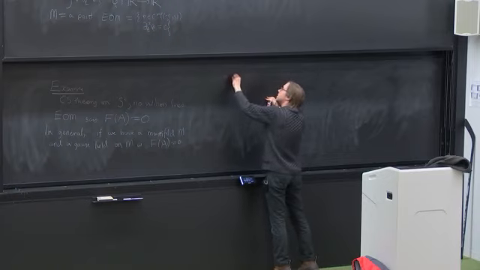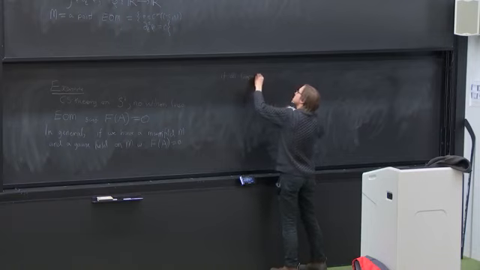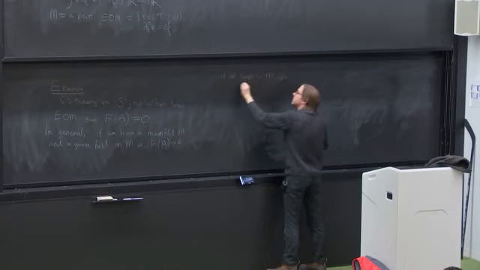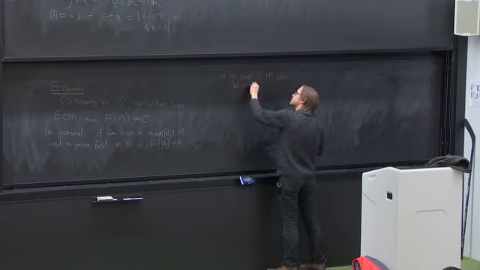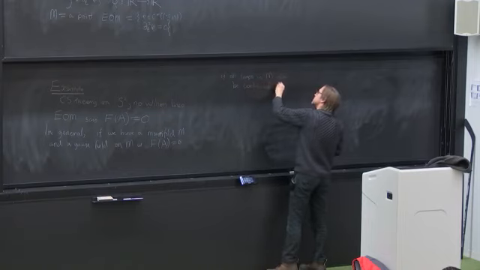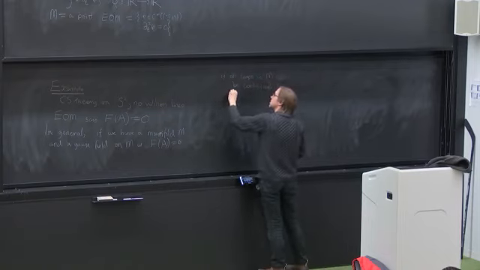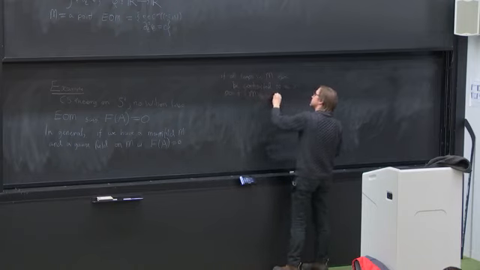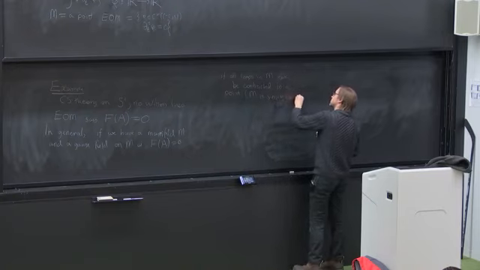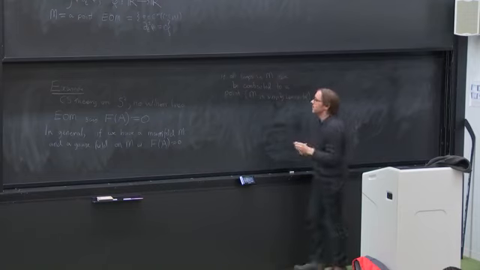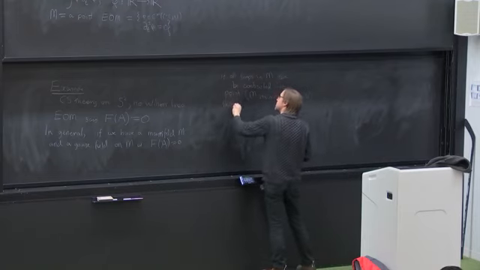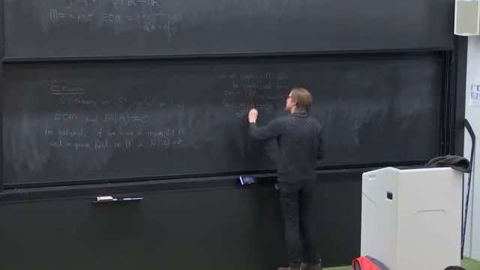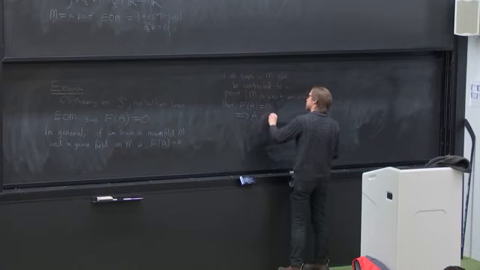If all loops in M can be contracted to a point, which is called being simply connected, then F_A equal to 0 implies A is gauge trivial.